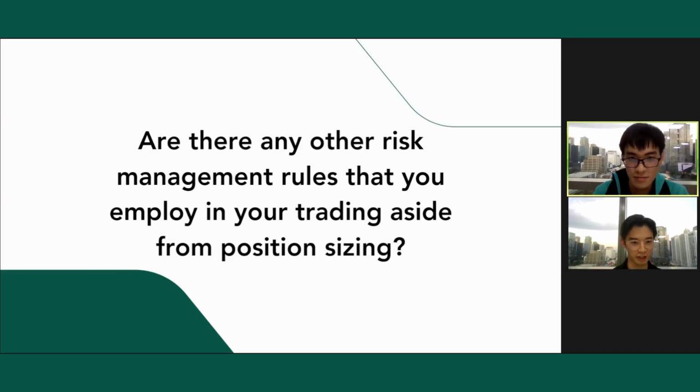Are there any other risk management rules that you employ in your trading aside from position sizing? Okay, so other than position sizing, like what I said, it's the exposure level. So if you're risking 1% in one trade, and then you're risking another 1% in another trade, then you're risking 2% overall.